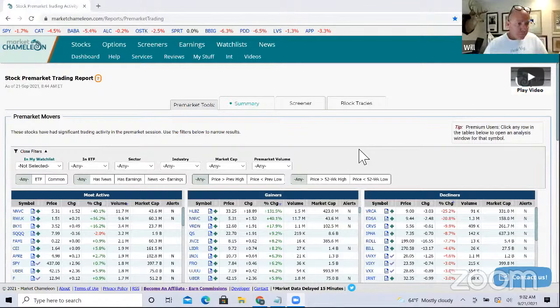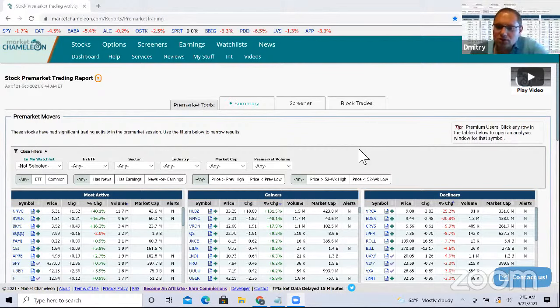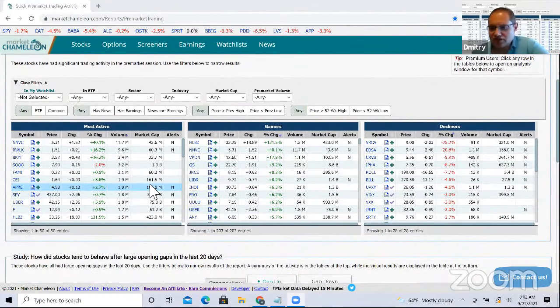Before we get started, I'll quickly take a look at what's going on in the pre-market hours. Then we're going to move on and talk about implied volatility Skew. These are stocks that are moving in the pre-market hours. We have the most active stocks, biggest percentage gainers, biggest percentage decliners. Today 203 stocks made our percentage gainers list, 28 on the percentage decliners list.